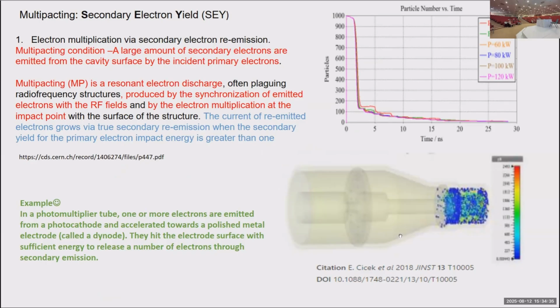Another problem, all of these are a little related: multipacting. It was explained a little bit before. It's related to secondary electrons. If some extra electrons are in resonance with the electric fields, resonating with the same frequency, then you can go into sparking again.